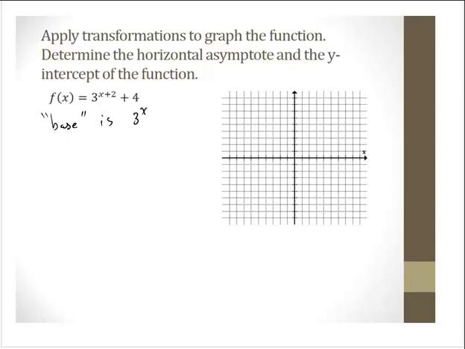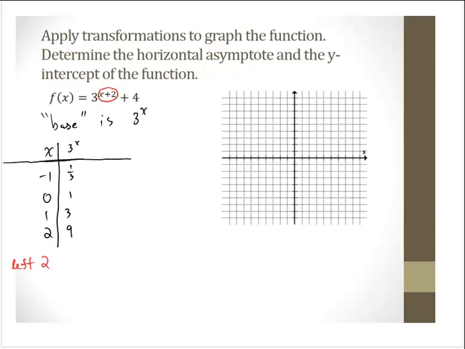So if I wanted to come up with a few points, maybe I could say, okay, let's go with x and 3 to the x. And so I'm just going to go with a few of the points that we had, about -1, 0, 1, and 2. And so that was 1/3, 1, 3, and 9. All right, now let's think about this. Using the transformations, let's see, x plus 2. I need to shift left 2.